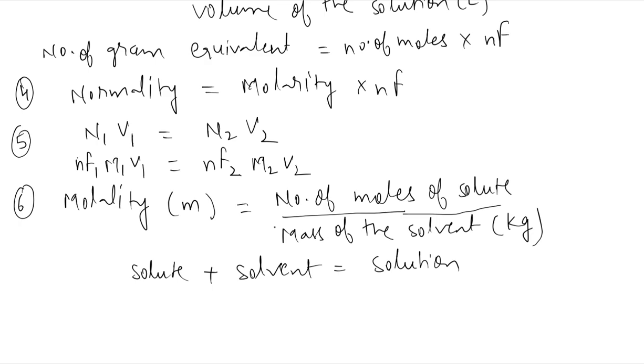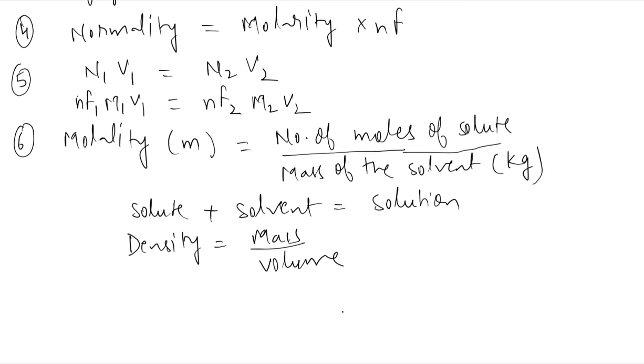Another thing that you need to keep in mind while solving questions related to molality is the formula for density, to calculate the mass of the solvent. We know that density is mass upon volume.